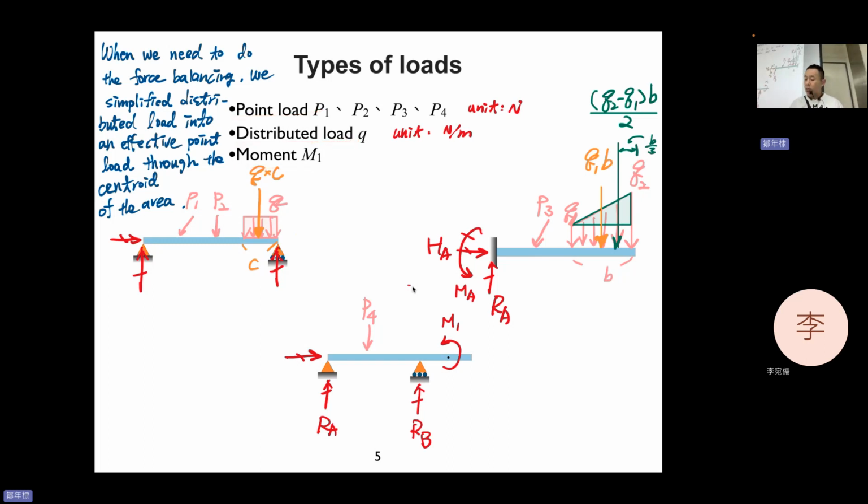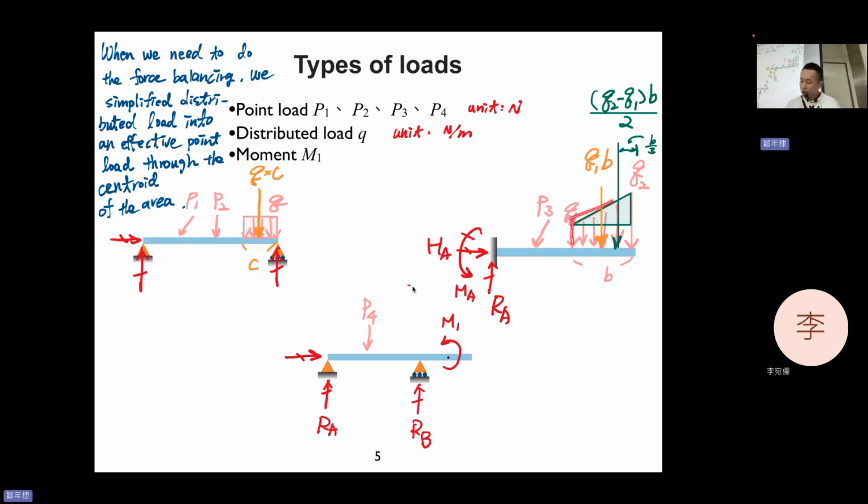The biggest thing we need to emphasize here is that when we do the force balancing, we typically transform from distributed load to an effective point load, which goes through the centroid of the shape.